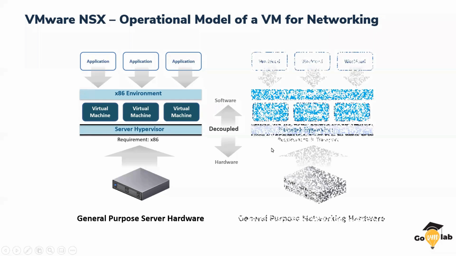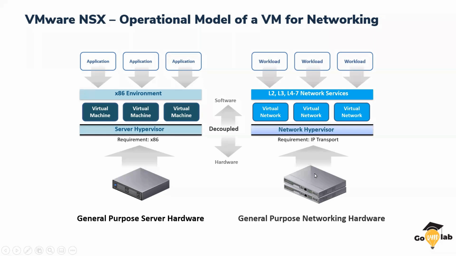Now, NSX is doing the same for us. You could have any general purpose networking hardware, any switches, any routers from any vendor, because this hardware is just working as a transport layer, giving us transport capacity for packet switching and forwarding. But on top of that, once we install this network hypervisor layer, we can create and delete virtual networks on demand, on the fly, without any dependency or reconfiguration on the physical network.